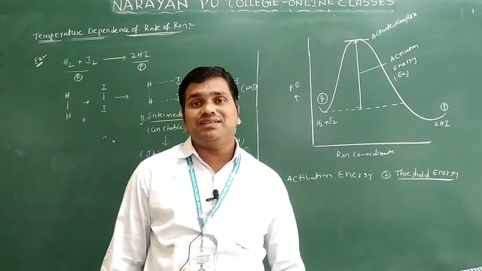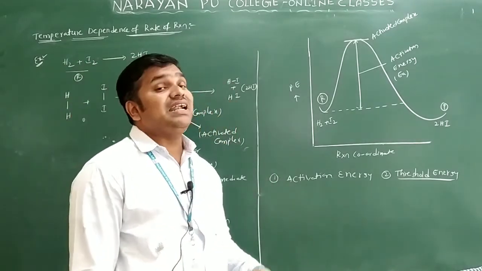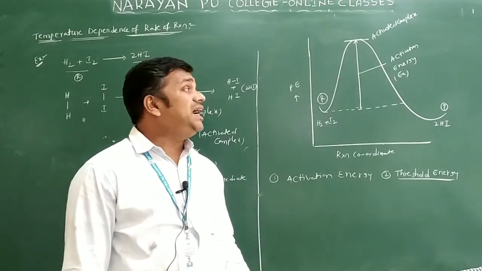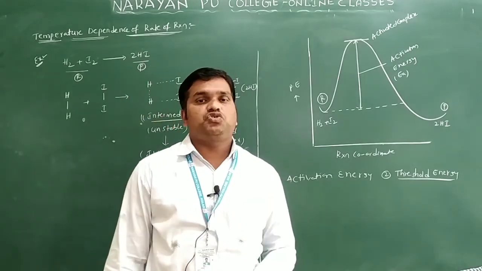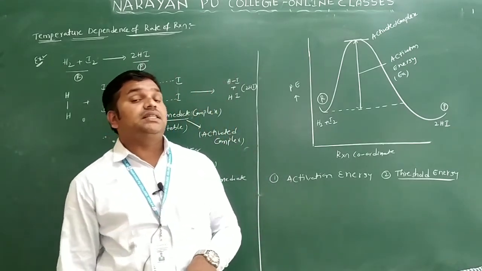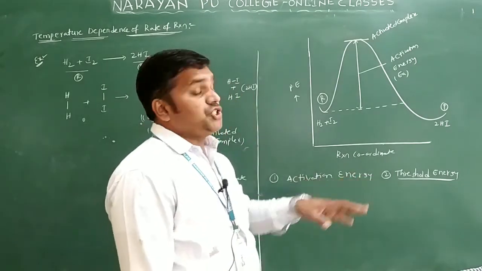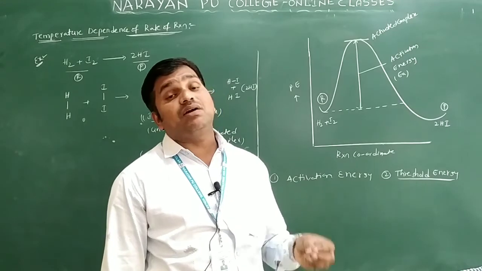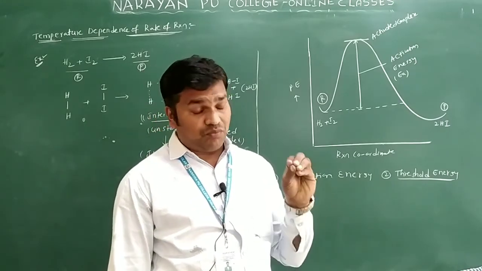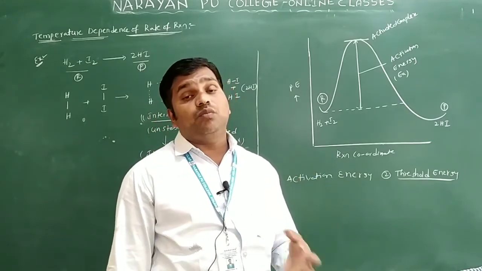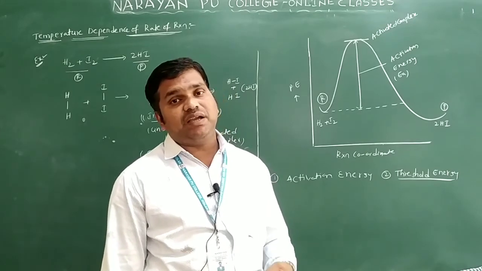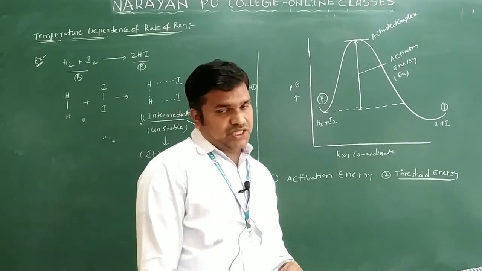The minimum energy possessed by the reactant molecules to participate in a chemical reaction. That energy we are calling threshold energy. The minimum energy required for the reactant molecules to participate in a chemical reaction is called threshold energy.